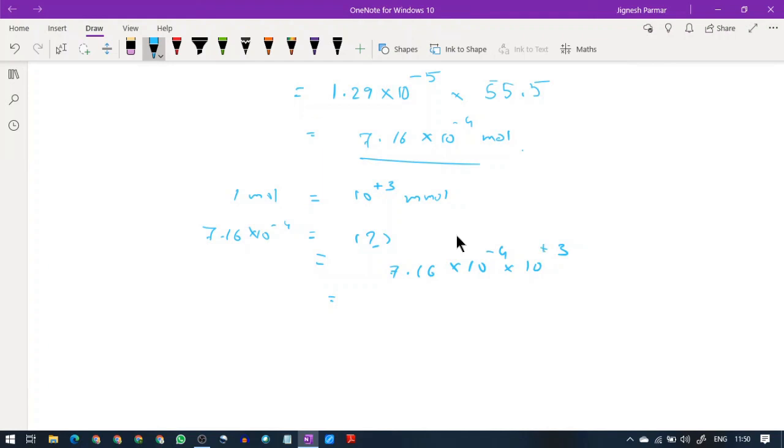Milli means 10 raised to minus 3, so 1 mole is 1000 millimoles, and it has to be multiplied by 1000.